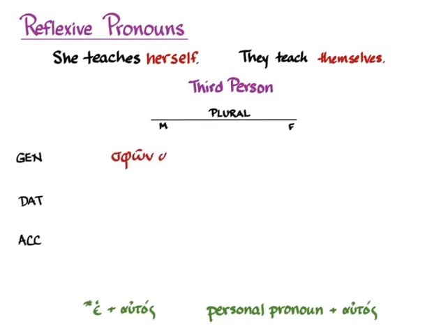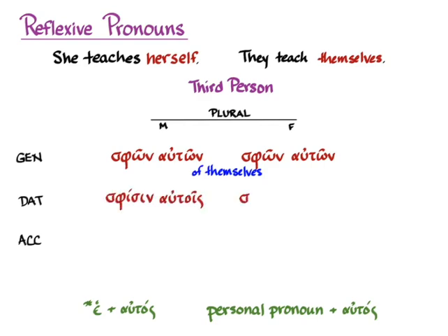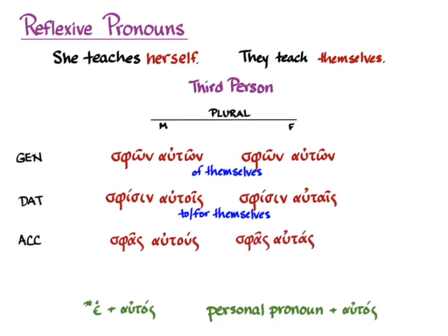So what we'll get is sphōn autōn in the genitive, and that sphōn is a third-person pronoun in the genitive that you won't see in Attic prose, but you will see in other places when you learn other dialects of Greek. And that means, again, of themselves. In the dative plural, sphisin autois or sphisin autais, to or for themselves, and sphas autous or sphas autas, for themselves in the accusative. You do see these in Attic Greek as reflexive pronouns, and that should get you really ready to read other dialects of Greek when you see those pronouns there.